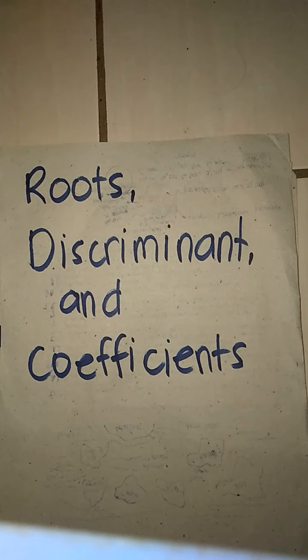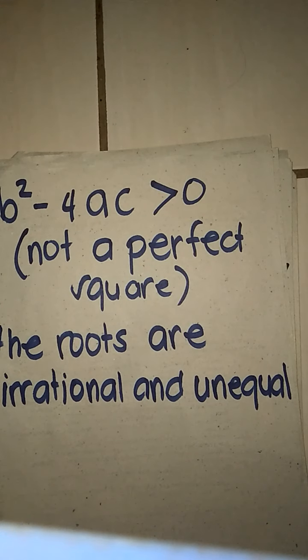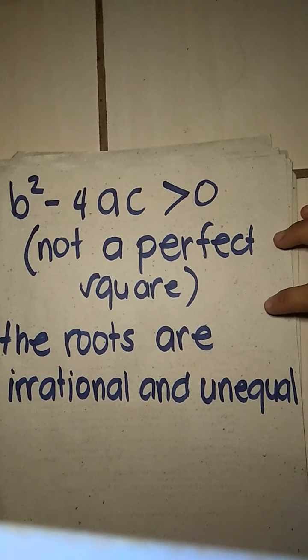So now we are going to discuss the discriminant, the roots and coefficients. Okay. So I have here the discriminant. B squared minus 4ac is greater than 0.